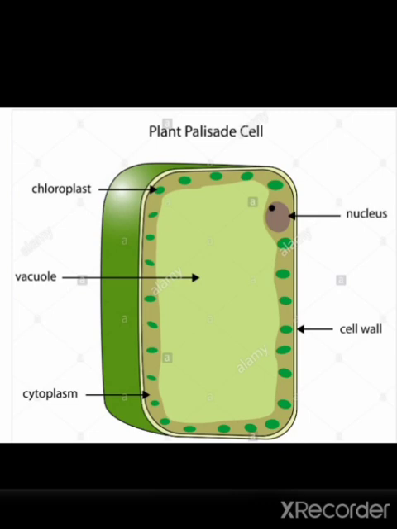They have a lot of extra chloroplasts and they trap the sunlight and carry out photosynthesis, right? So this is basically the structure of a palisade cell. It contains a nucleus, cell wall, chloroplasts, vacuole and cytoplasm.